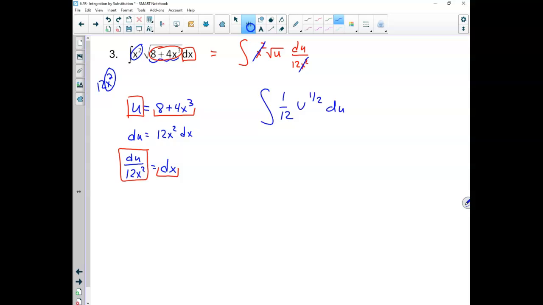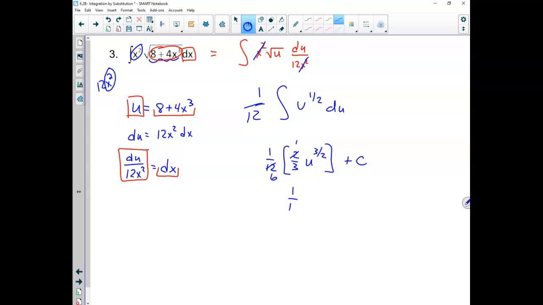Now, I'm never going to leave this guy there. So I'm going to erase it, and that 12th, I'm pretty much always going to go right out front right away. And then I know I can take my antiderivative as 1/12 times u to the 3/2, which is a 2/3, plus c, my constant, which means then I'm going to say, hey, you're a 1, you're a 6.